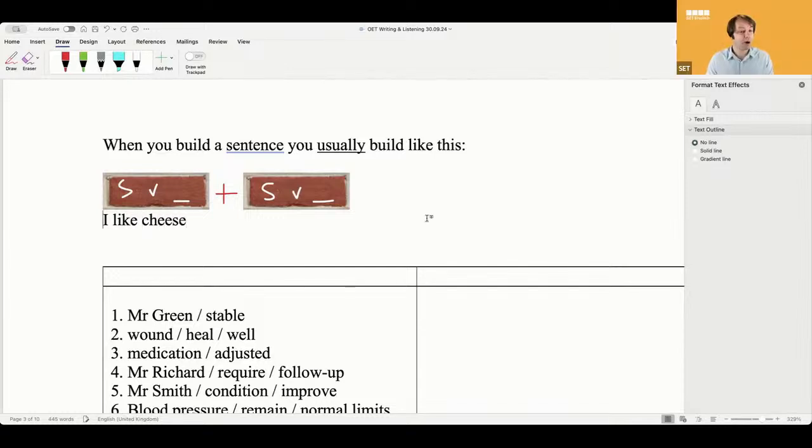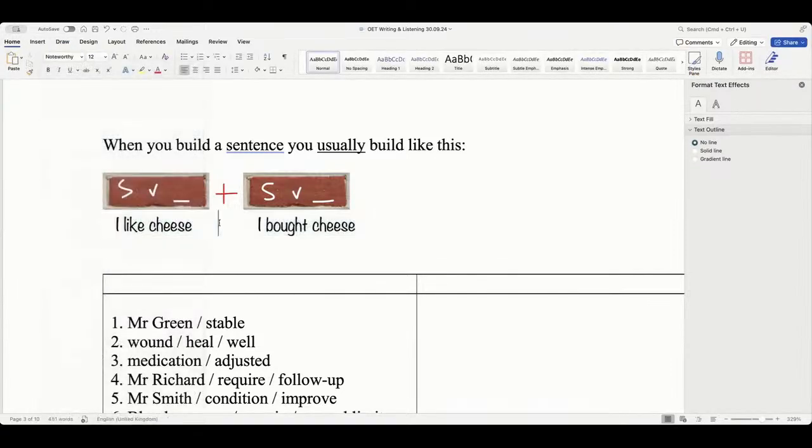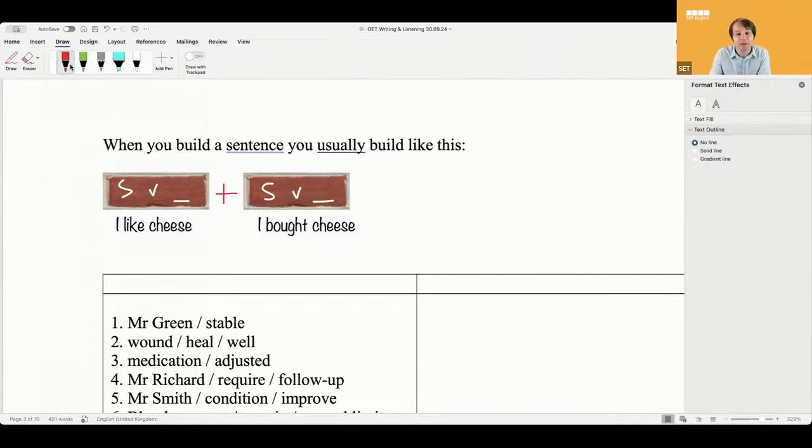So subject, verb, object. And then I want to say, also I want to say, I bought cheese. How do I connect those two things together? Come on, it's an easy question. And. Conjunction. You use a conjunction. Thank you. Guys, linkers, conjunctions.